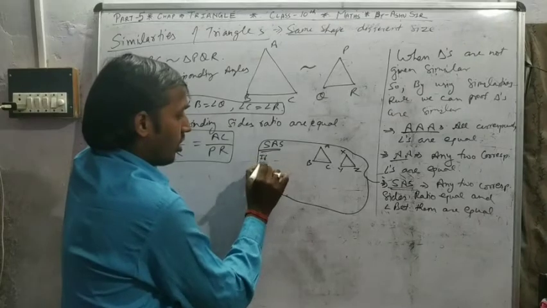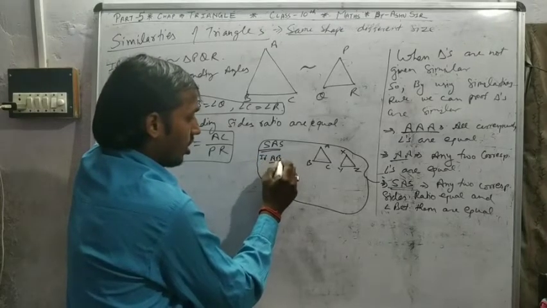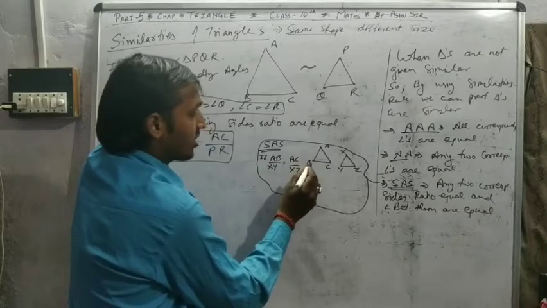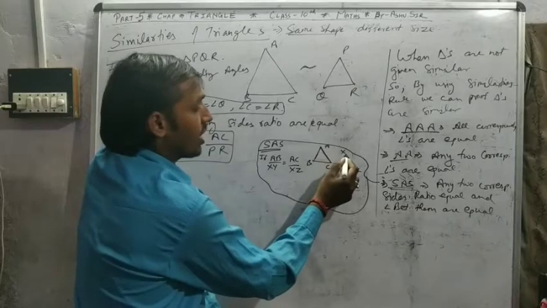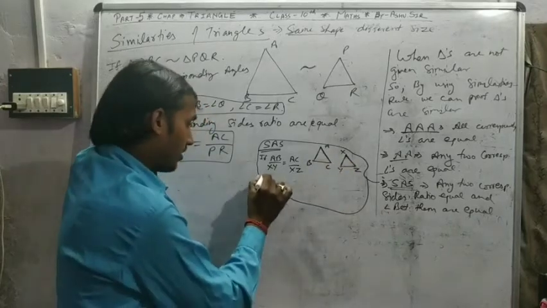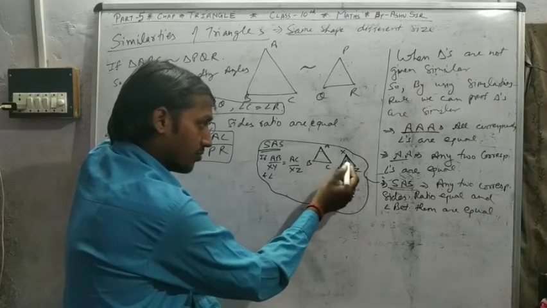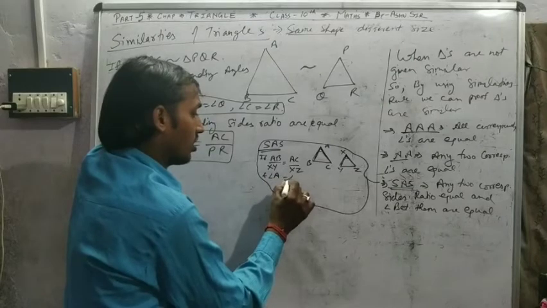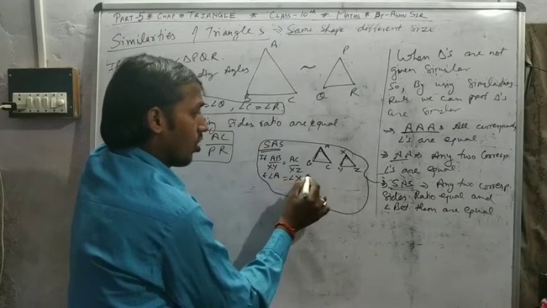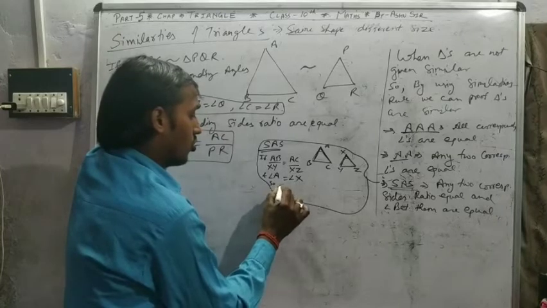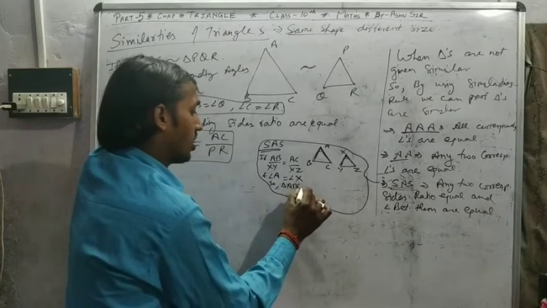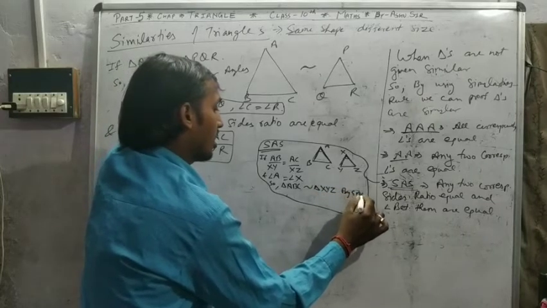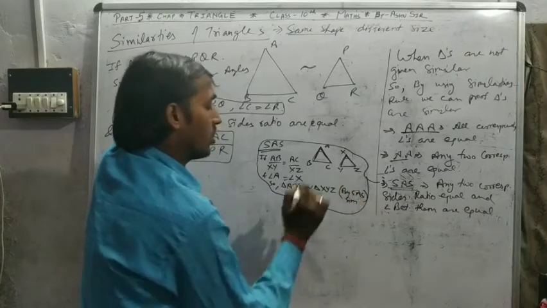So if AB upon XY, AC upon XZ, means these two sides' ratio equal, and the angle between them, means which two sides' ratio equal, the angle between them, that is angle A, angle X, also equal, so triangle ABC is similar to triangle XYZ by SAS similarity.